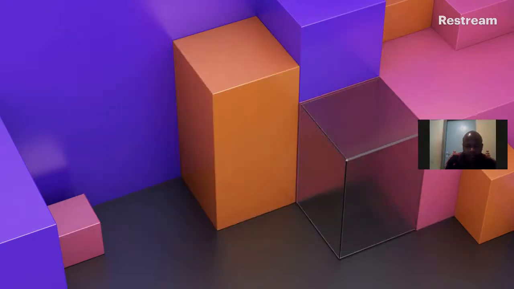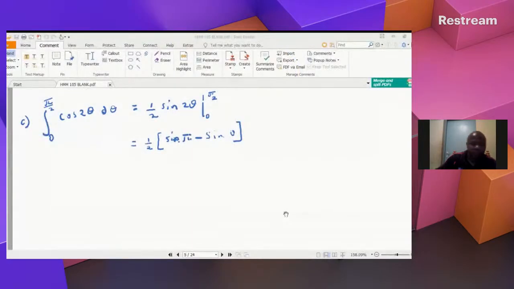We just have to draw the examples. Let me remember to share it because I discovered that I was not sharing anything. Let's remember to share a screen. That's okay. But let me just repeat it because I realized that the screen was not being shared.